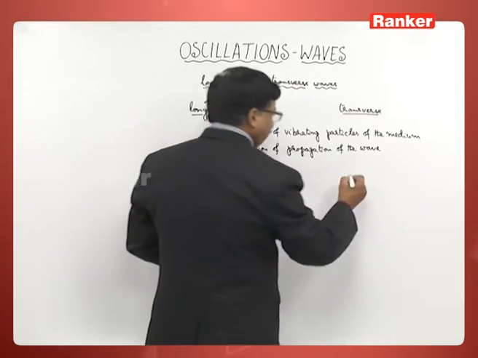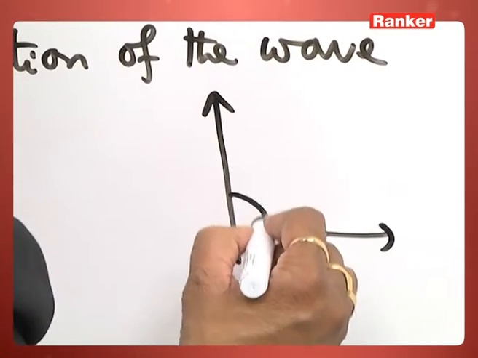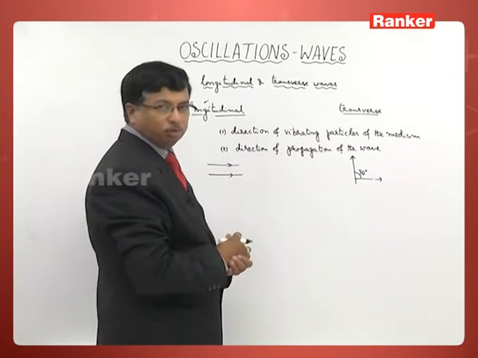When these two directions are mutually perpendicular to each other, we say that kind of wave is a transverse wave.